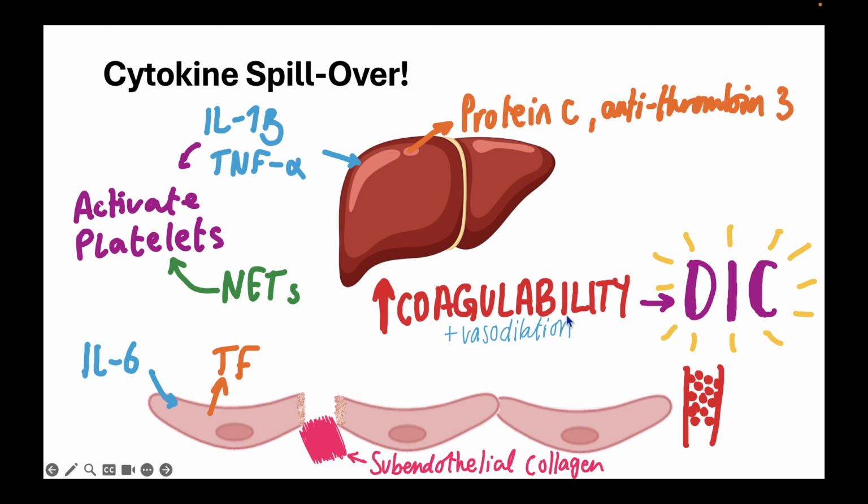Basically, because of the high coagulability, the blood is going to clot in a specific place. When it clots in a specific place, other blood vessels are not going to have blood going to them. So other places will not have that many red blood cells, and it's going to lead to hypoxia, and those organs that don't have blood going to them can fail. And that's fatal.